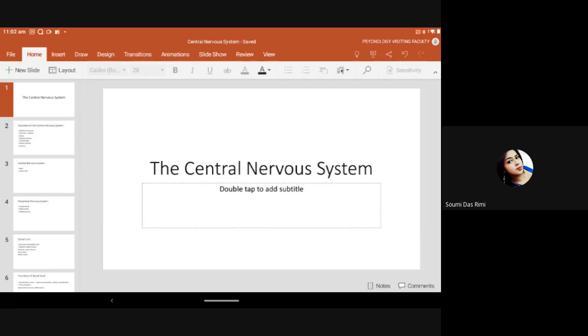The name of this book is Introduction to Psychology, and as well you can study it from P.N. Bhattacharya, or from Baron, B-A-R-O-N, the name of the author. So if you want, you can note the name.